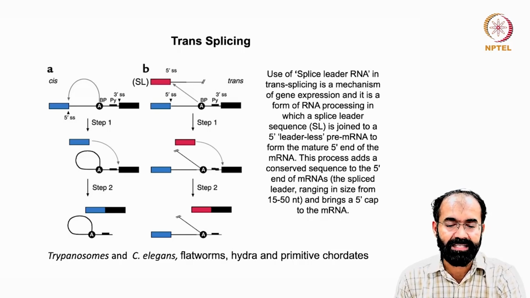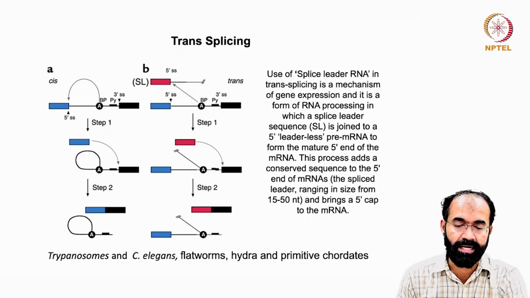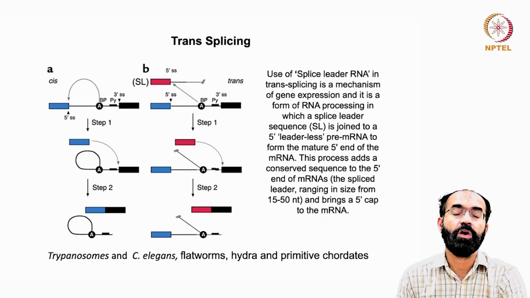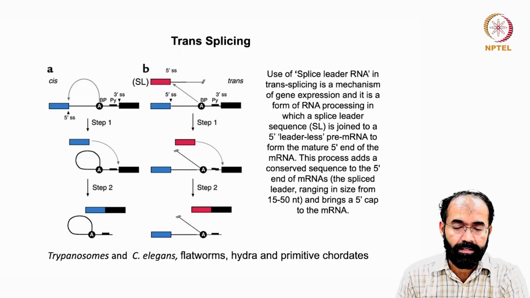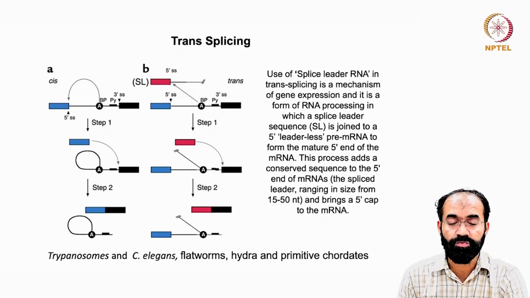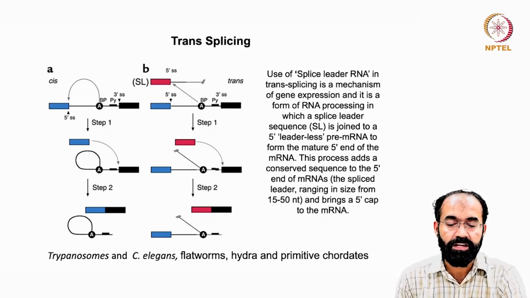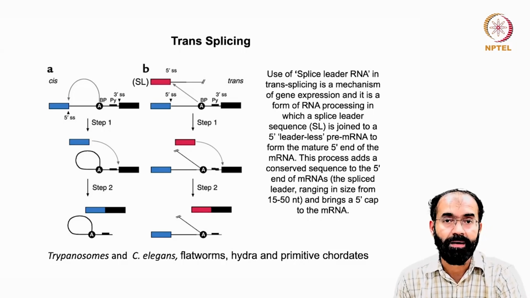This process adds a conserved sequence to the 5' end of the mRNA. We call this the spliced leader, and it can range in size from around 15 to 50 nucleotides and brings the 5' cap to the mRNA.